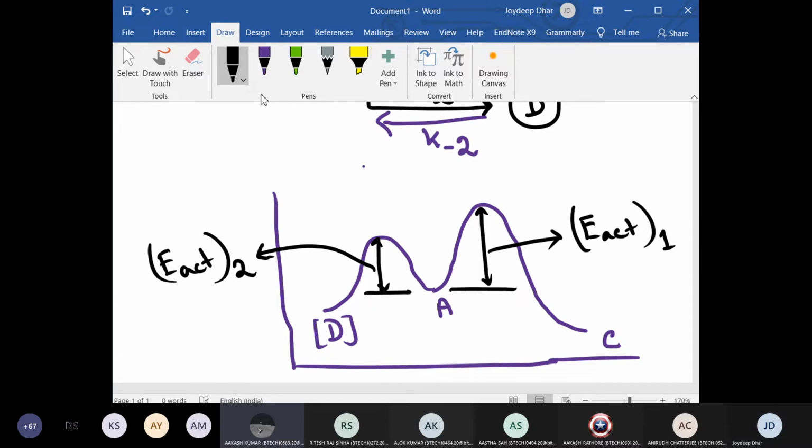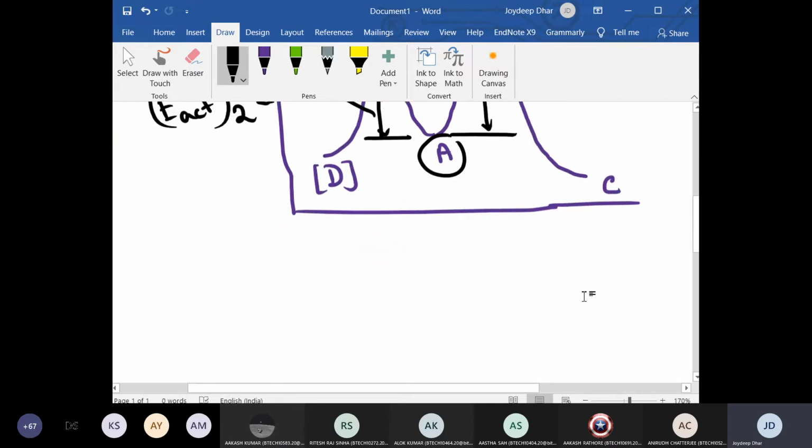So D is reactant now? No, A is reactant only. So I have put A in the middle and so, 2 different. So I have plotted in different way. So I could have plotted A on the left side. So different books they represent differently.